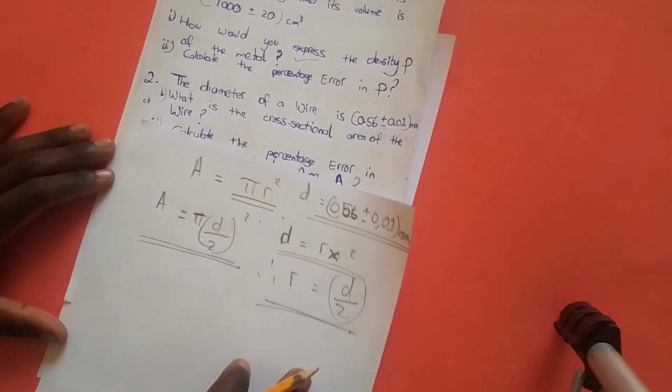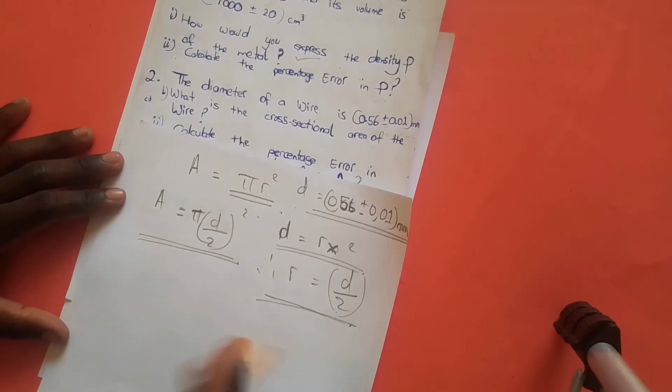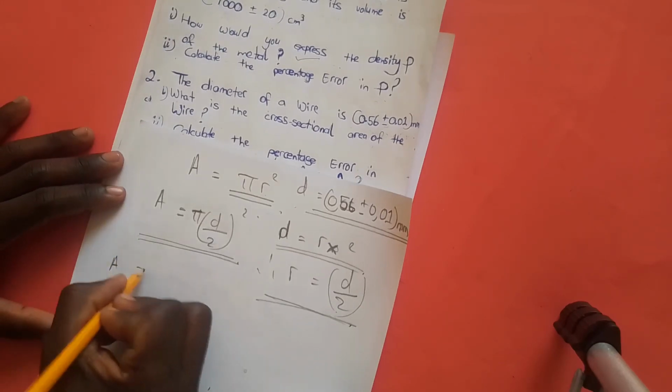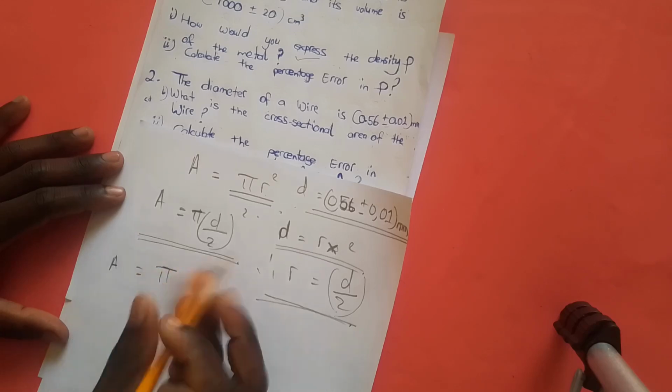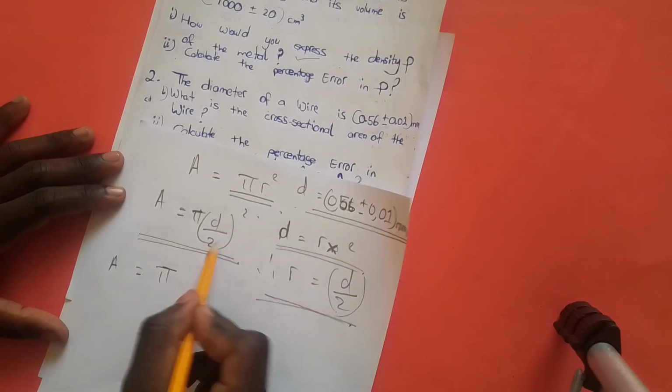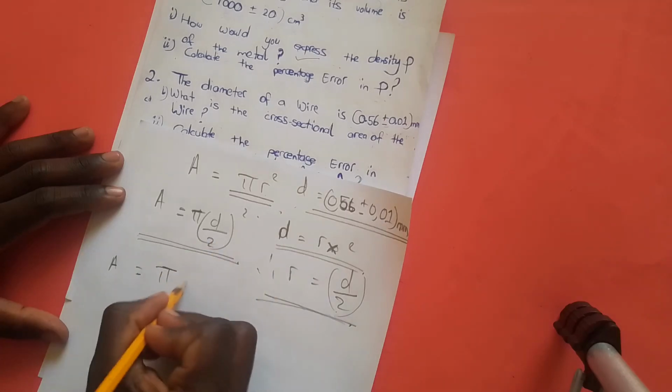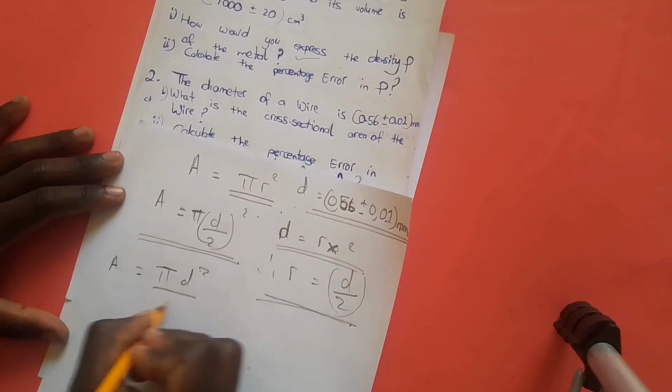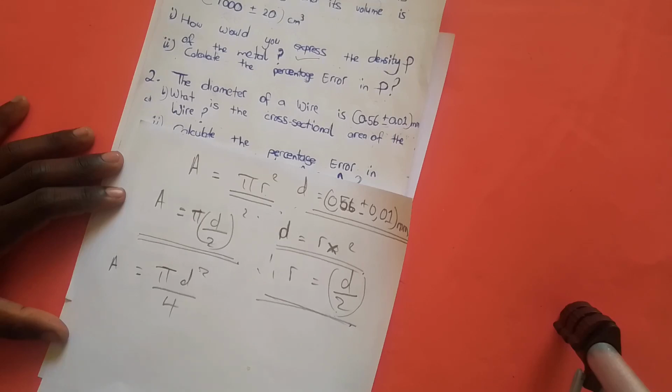Let's do a further simplification. A, the cross-sectional area, is equal to pi times d squared over 2 squared, and 2 squared is equal to 4. So further simplification shows that A is equal to pi d squared over 4, right?